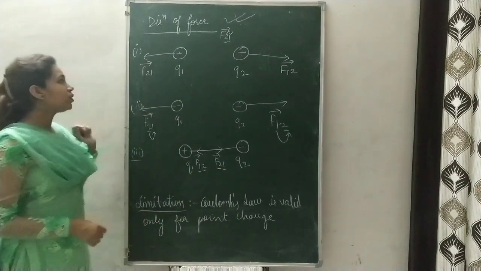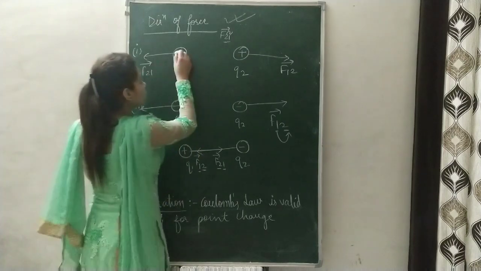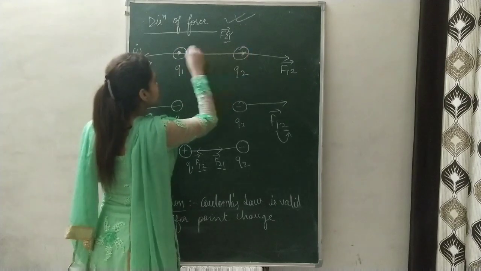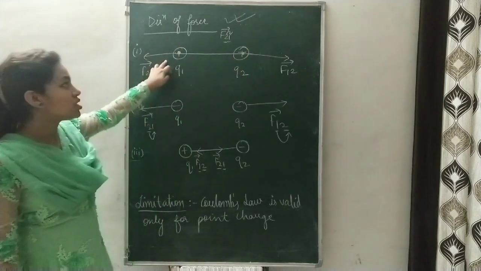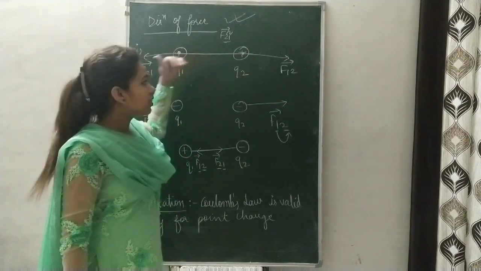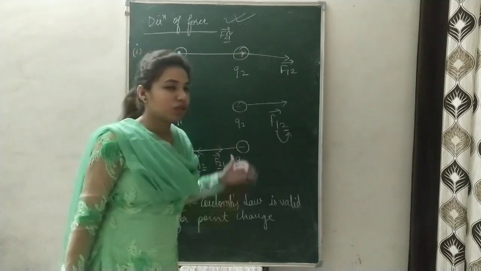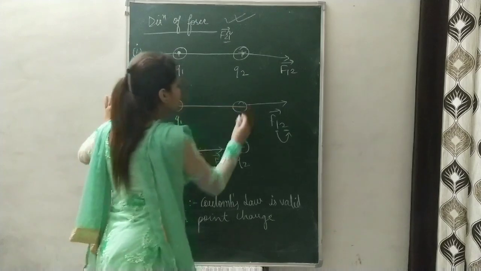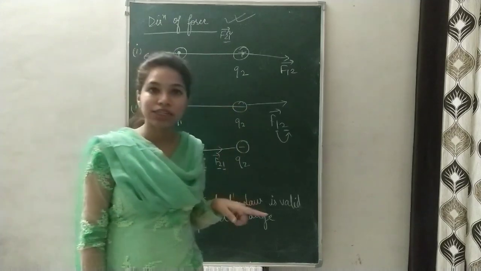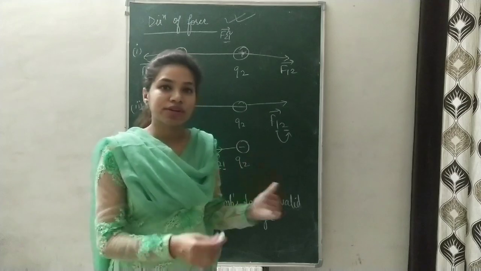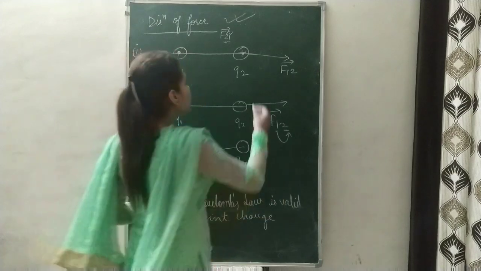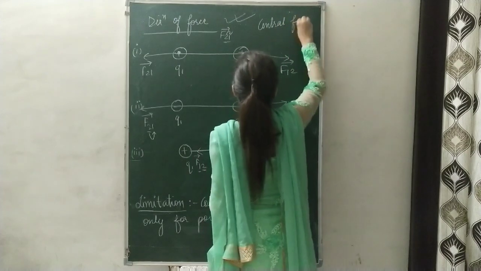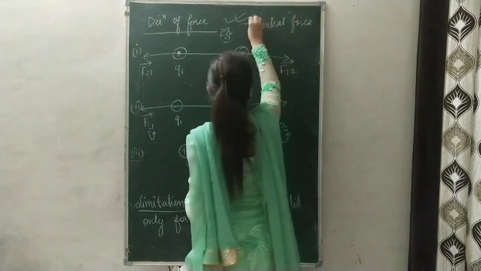And again, what we observe from here is that this force is acting along the line joining the centers of the 2 point charges, either inward or outward. As this force is acting along the line joining the centers of the 2 charges, this force is also called central force.